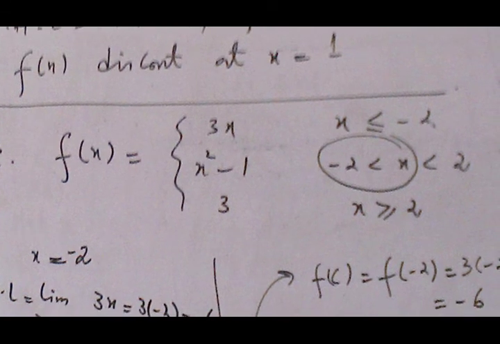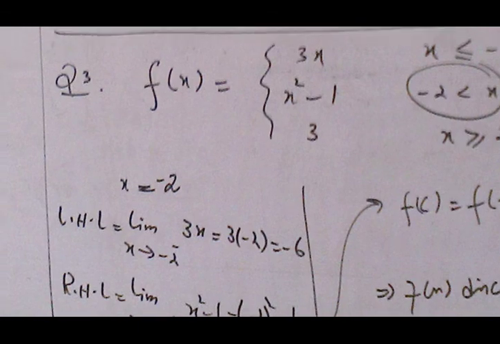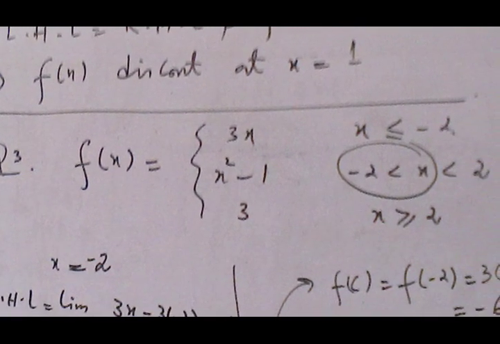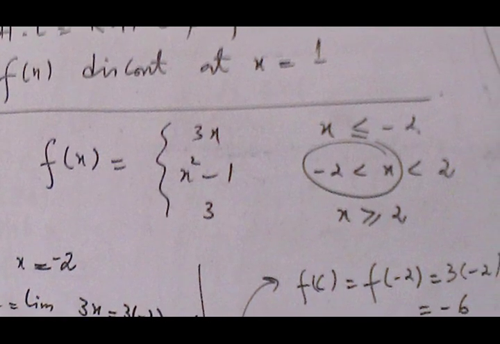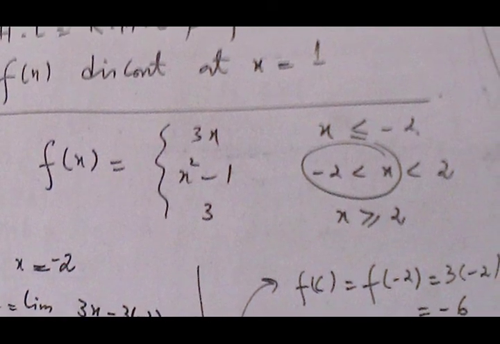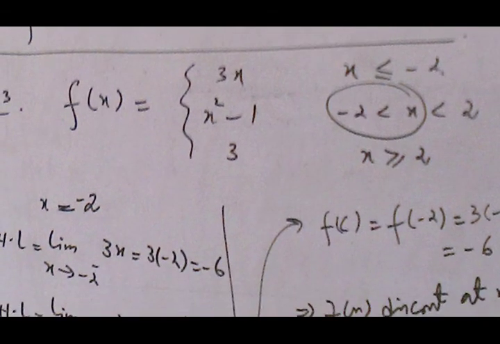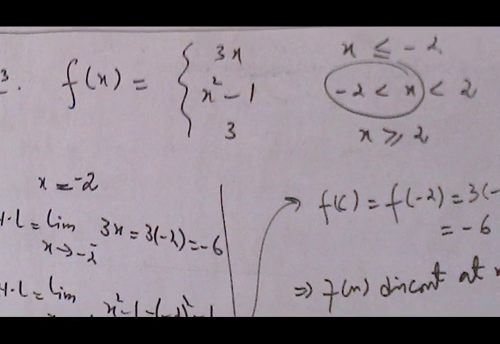Now we have three functions and two values, -2 and 2. Now we check the limit for -2 and +2. The first two functions are for -2 and the second two functions are for +2.